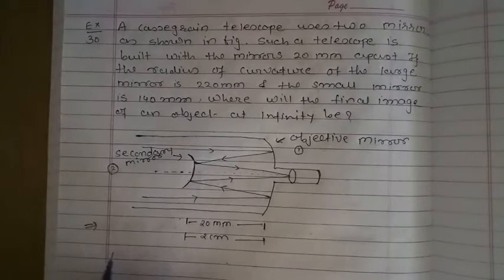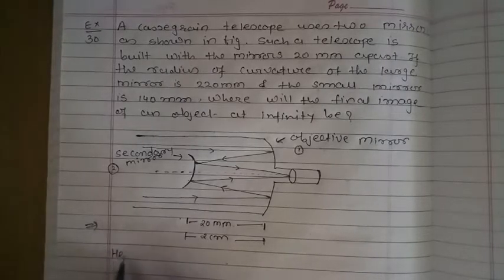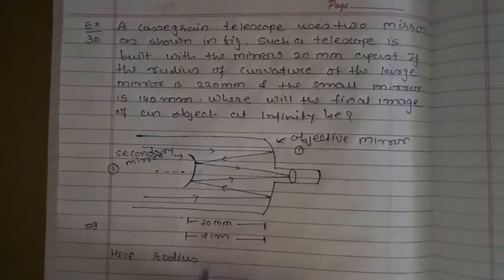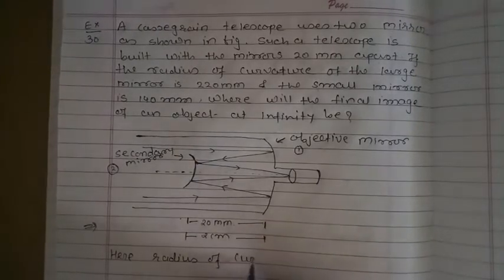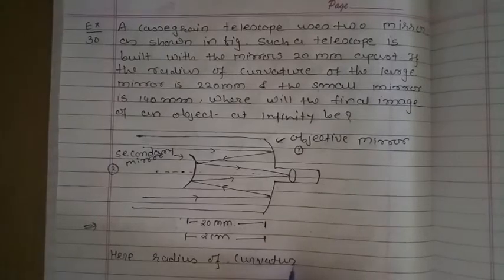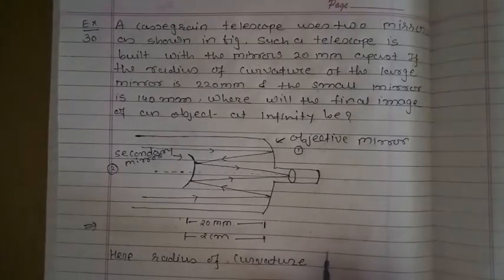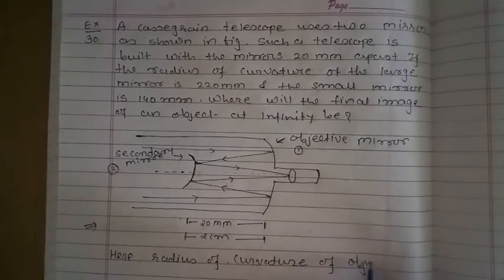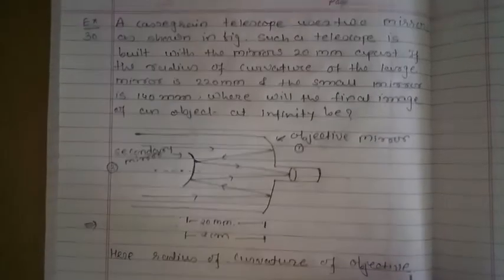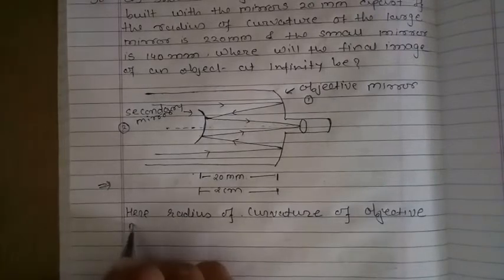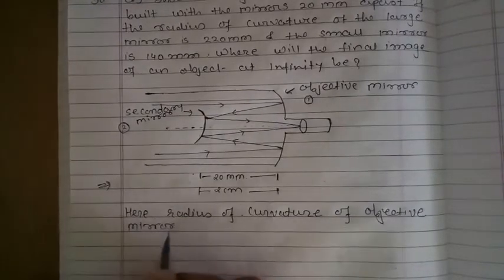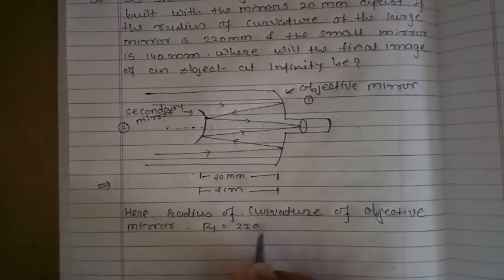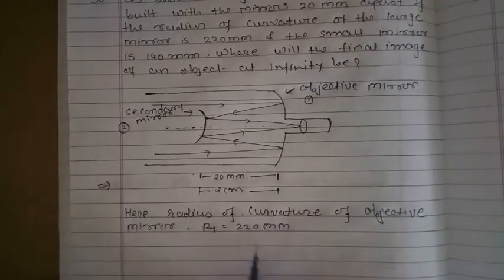So we can write the radius of curvature of the objective, or large mirror, R1 is equal to 220 millimeter.